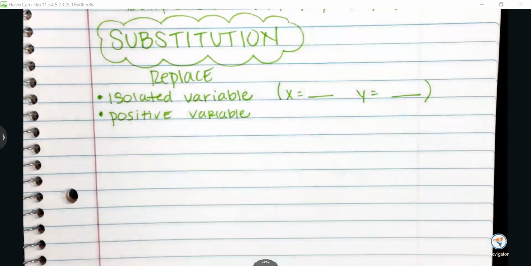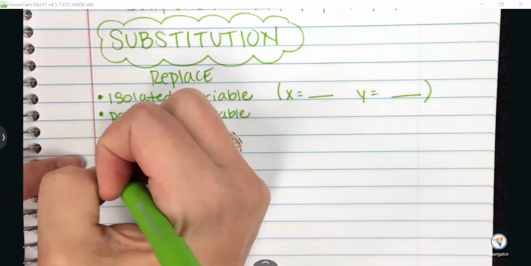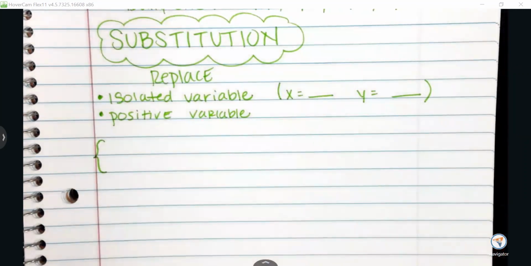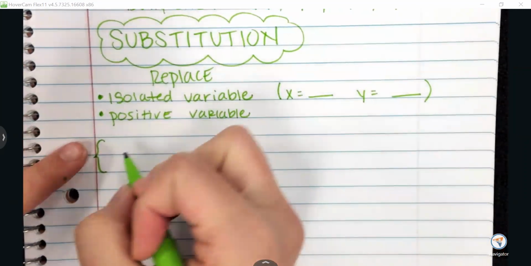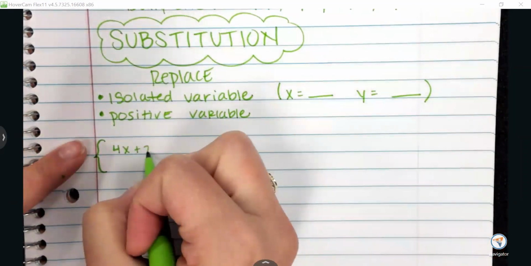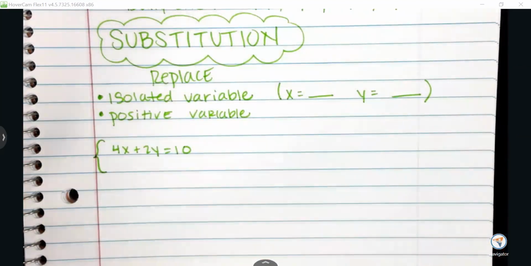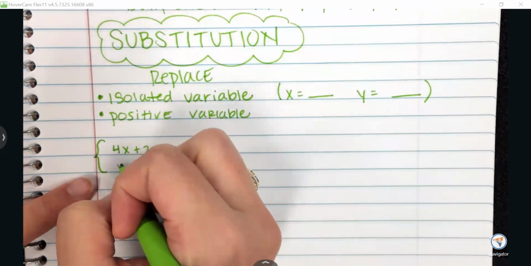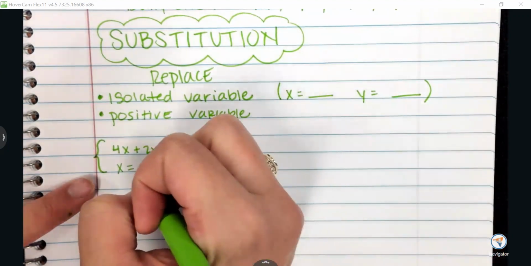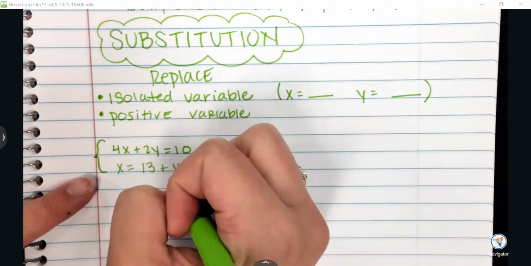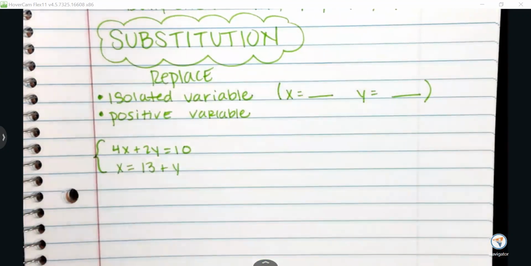So my first problem, my system will have 2 equations. 4x plus 2y equals 10. My second equation will say x equals 13 plus y. Is one of my equations set up where the variable is isolated?